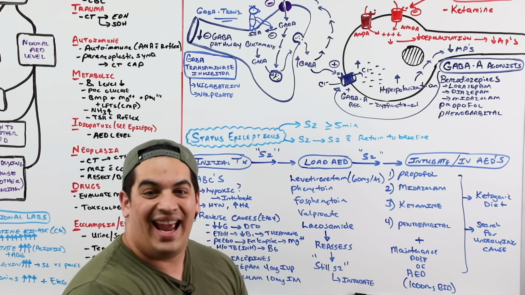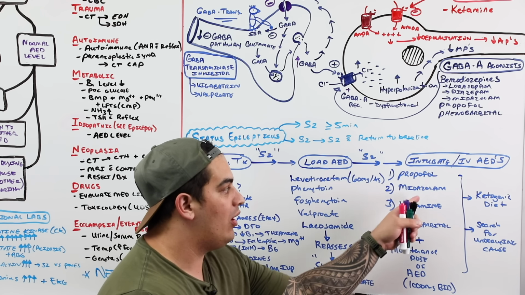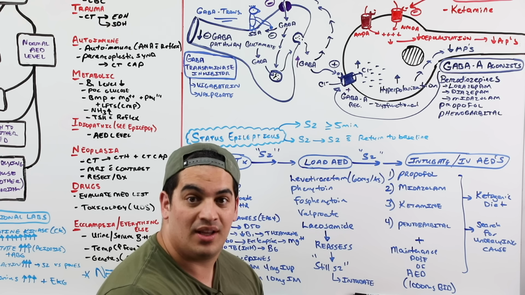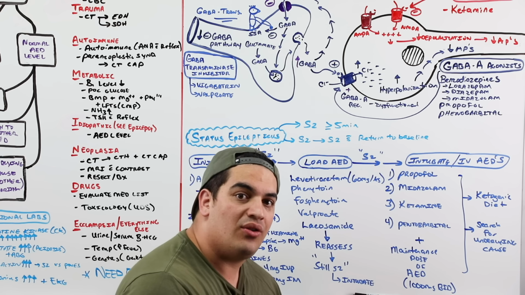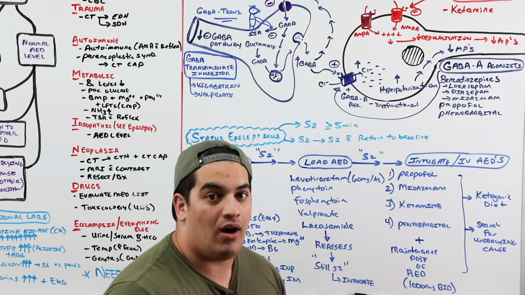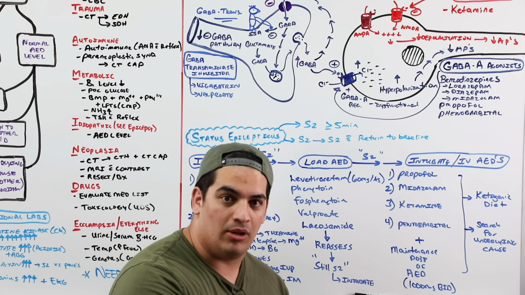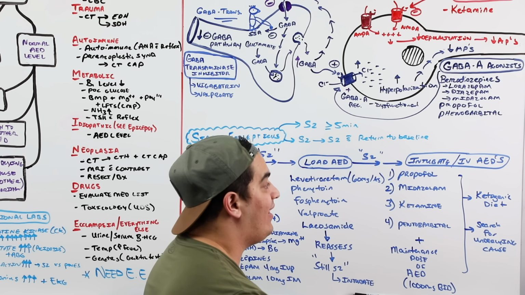If you still have them seizing after putting them on maybe propofol, midazolam, ketamine, pentobarbital, you also have maintenance doses of anti-epileptic drugs, and you've tried the ketogenic diet, still not working, search for other underlying causes, because there must be something hidden there and you just have to treat that, and that will ablate the seizures.